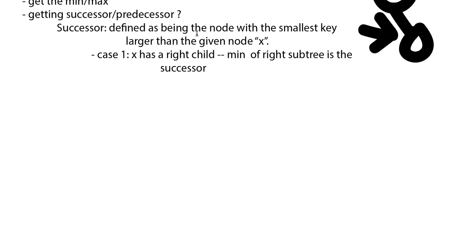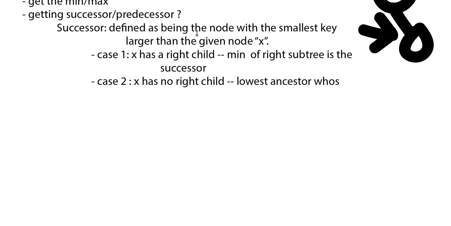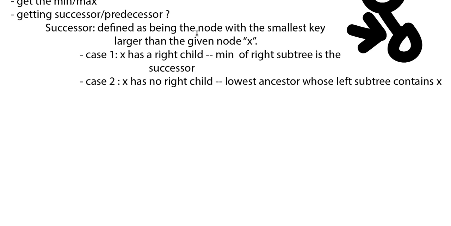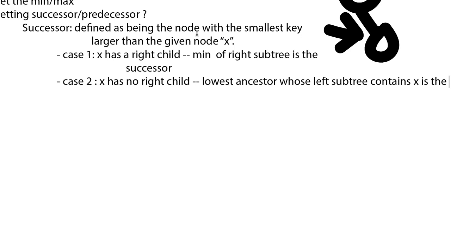Okay, so that's the case there. What if we have case 2 where x has no right child? So if x doesn't have a right child, then the lowest ancestor whose left subtree contains x is the successor.